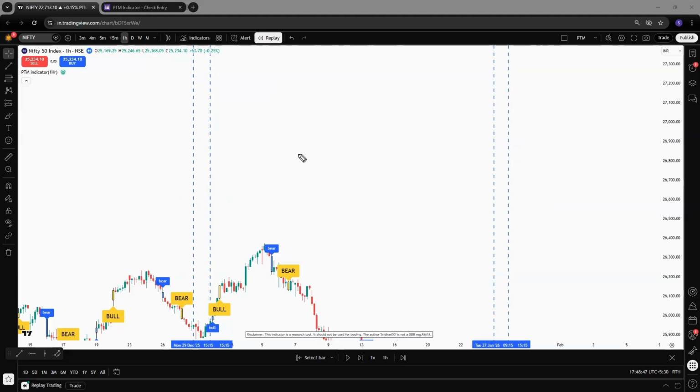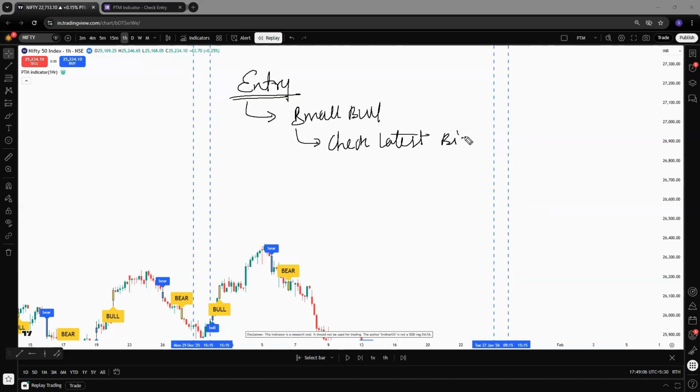Let me start again, so I'm very clear. My entry signal has been generated. Suppose it is a small bull signal. What is the next step? Check the latest big signal.